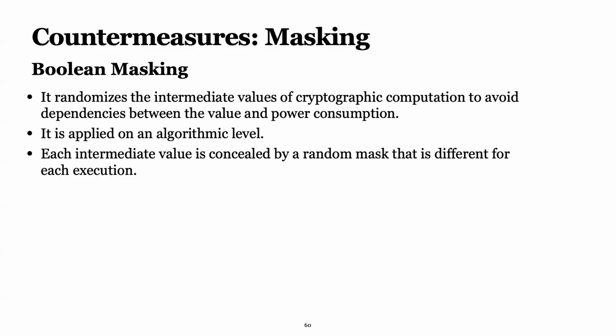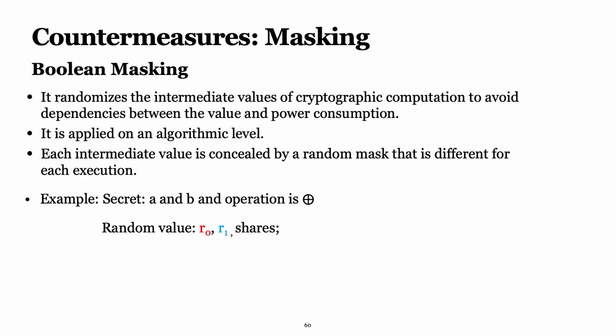So Boolean masking, let's go over here. Let's say that we have A and B, and we want to protect them so that they cannot reveal information. And the operation is XOR. A XOR B, basically, if they are different, it's 1, if they are the same, it is 0. So the random values are R0 and R1, okay?